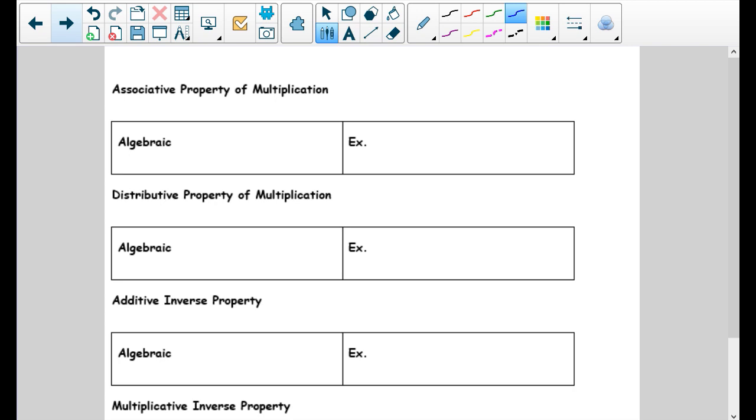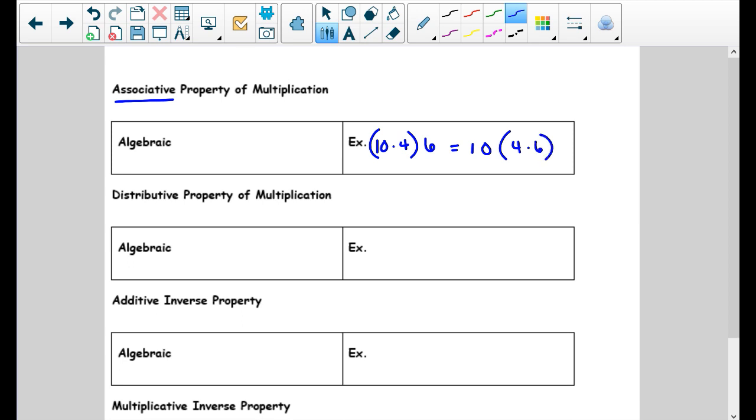So, associative property again, multiplication this time. Here I may have something like, in parentheses, 10 times 4 times 6. Well, I can change that order and say, multiplying by 10 is easy, right? It has a 0 on the end. So maybe I'm going to pull the 10 out, and I'm going to take 4 times 6.